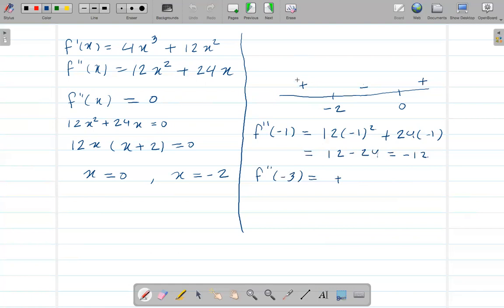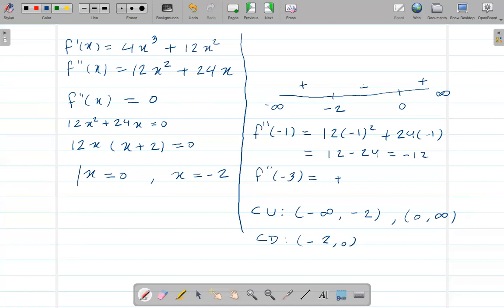So the concave upward region is from -infinity to -2, and also from 0 to infinity. Similarly, for concave down, you get from -2 to 0.